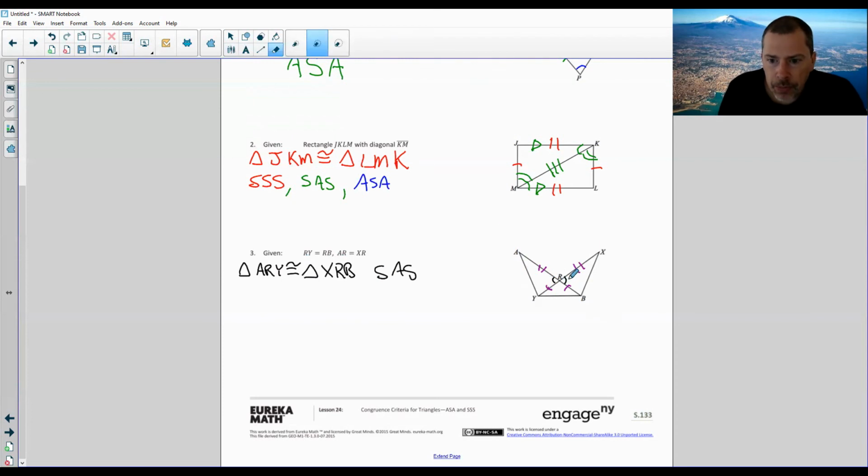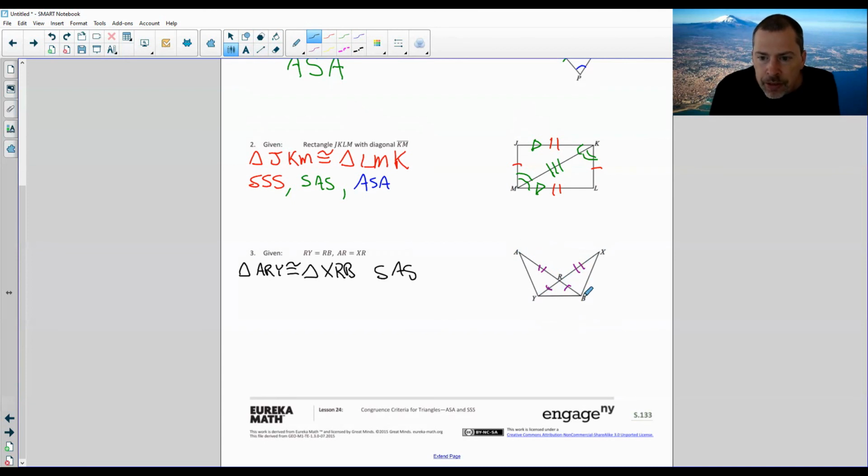Let me erase those, leave the givens. The other way we could do it is we can look at the entire triangle here, ABY. ABY is this big triangle, because if this piece is congruent to this piece and this piece is congruent to this piece, then AR, which is this length, and RB, which is this length, is going to equal XR plus RY.